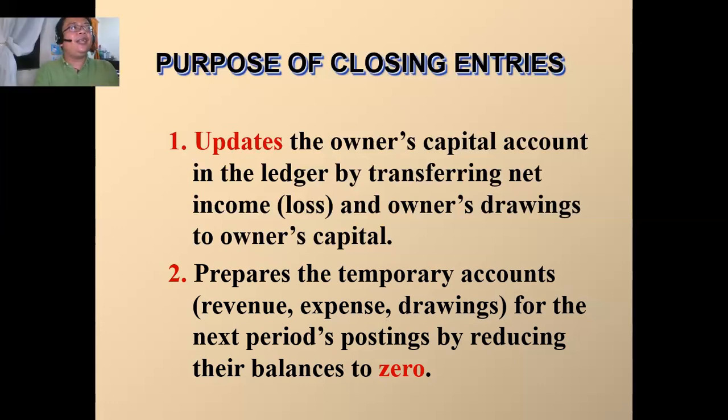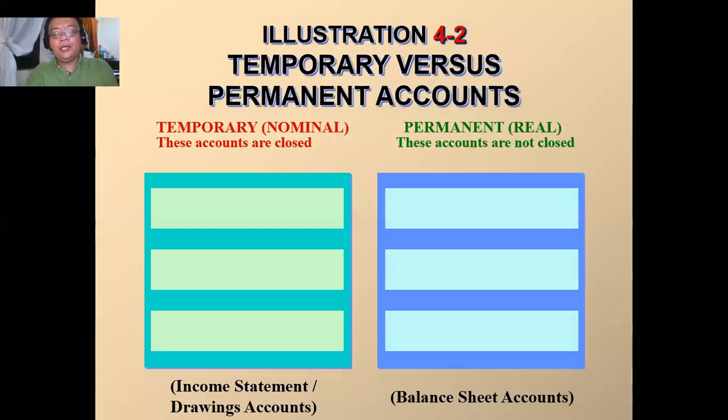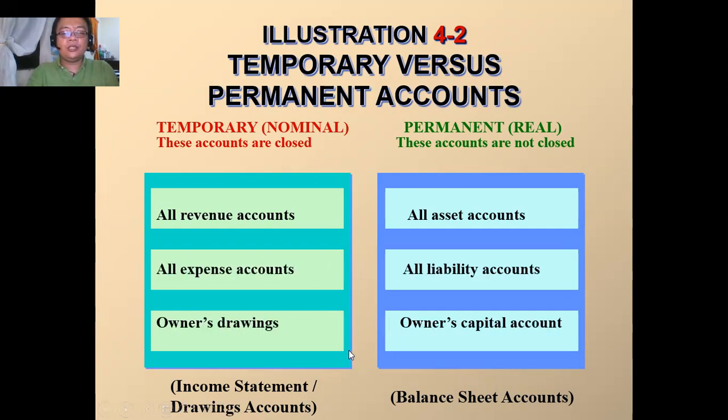That's the reason why revenues, expenses, and drawings are called nominal and temporary accounts. While your assets, liabilities, and all your equities are called permanent or real accounts.